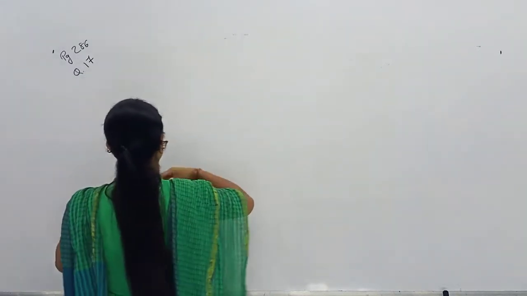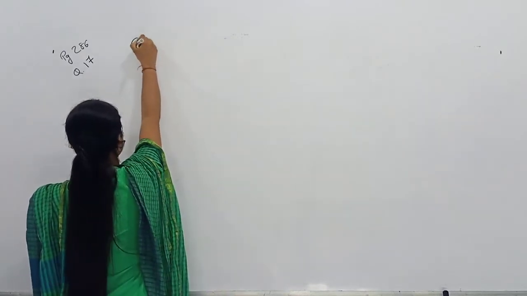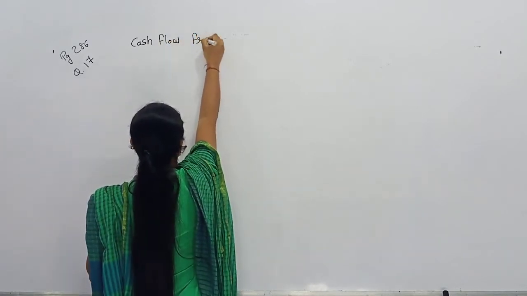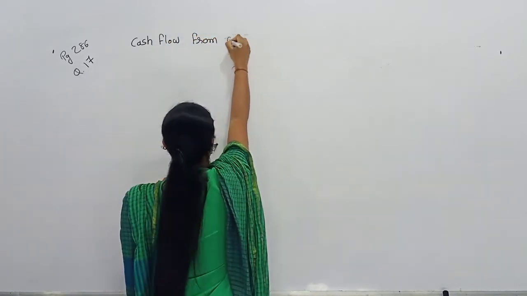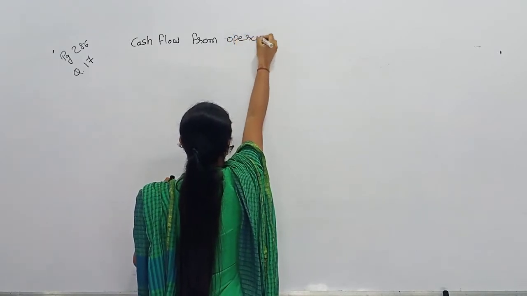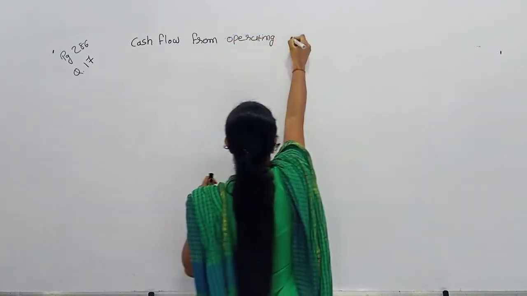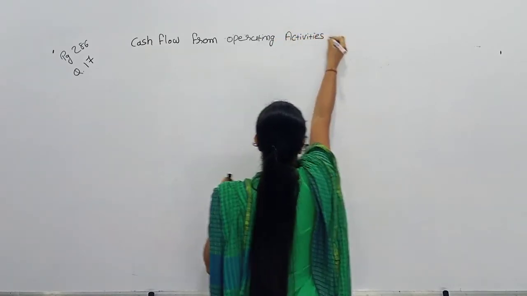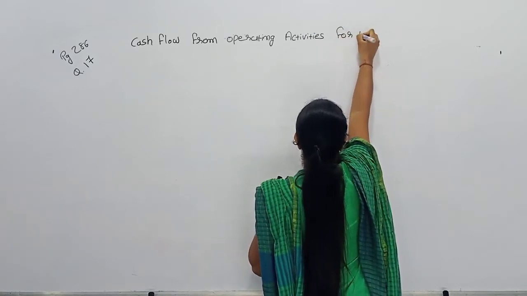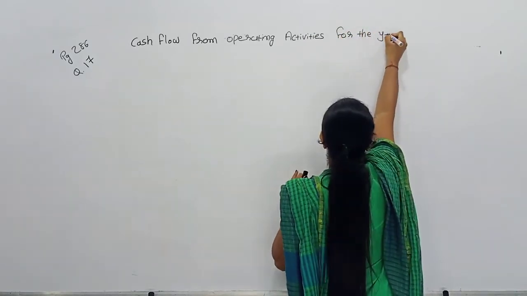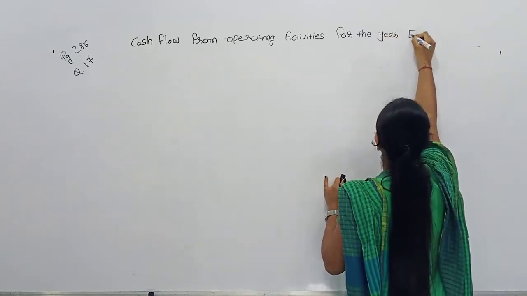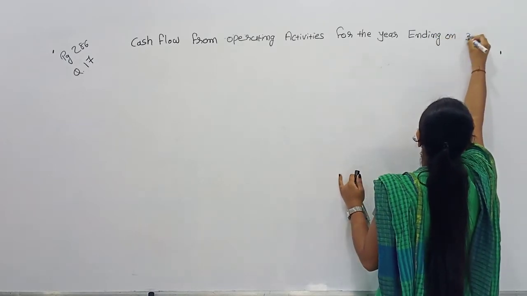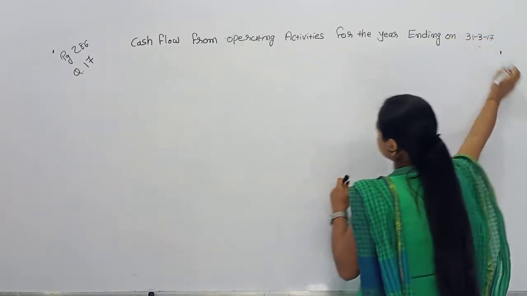So first of all, we'll give the head: Cash flow from operating activities for the year ending on 31/3/17.